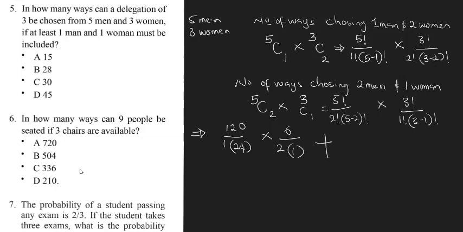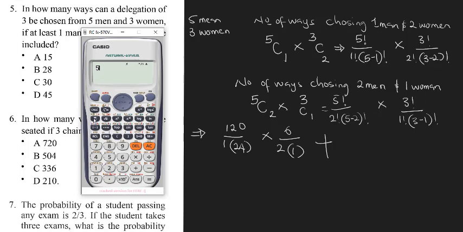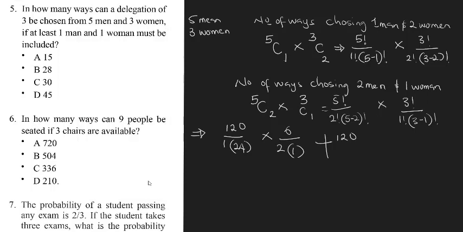Then what is 5 factorial? 5 factorial is 120 over 2 factorial, which is 2 times 1, the same thing as 2, into 5 minus 2 is 3. So 3 factorial is what?